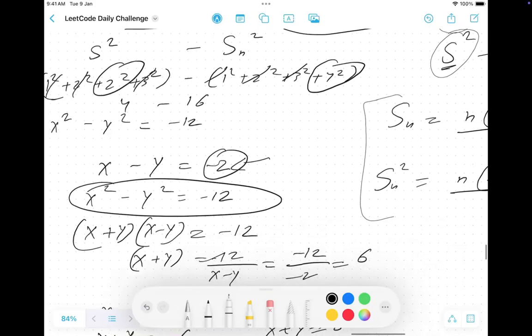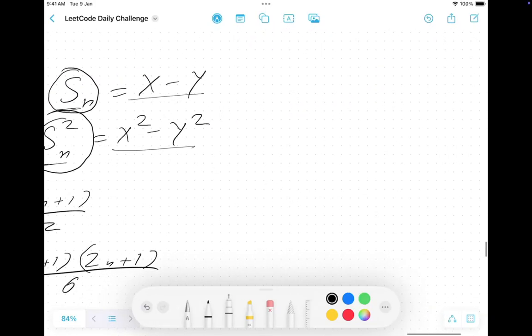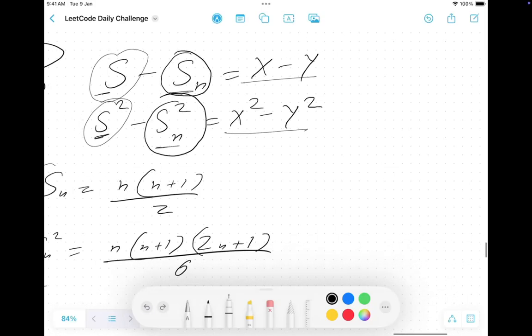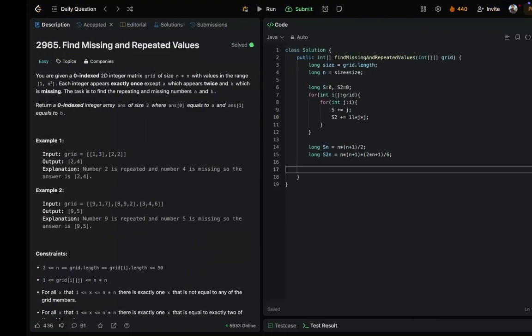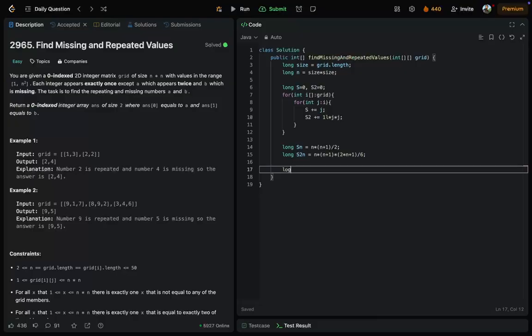Okay, so we have found s and sn, but x minus y we have not found. We know our four values, so let's calculate x minus y first and x square minus y square. So x minus y will be s minus sn.